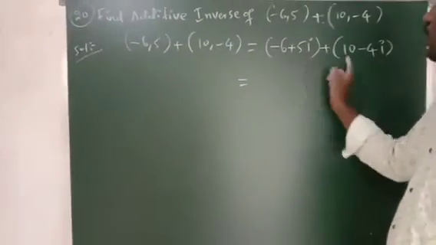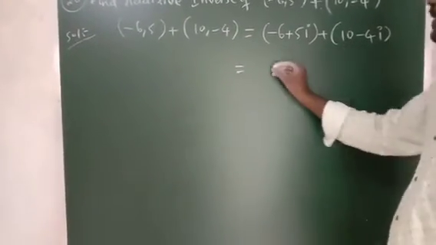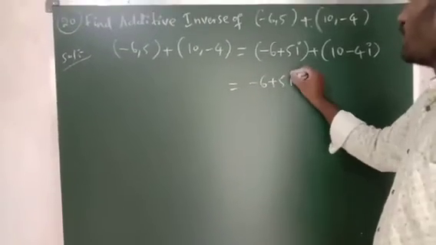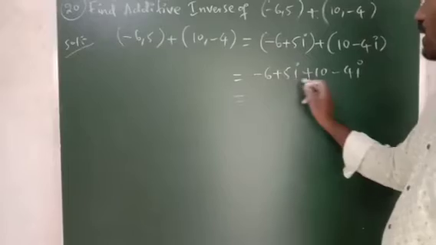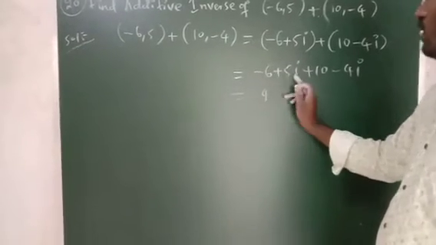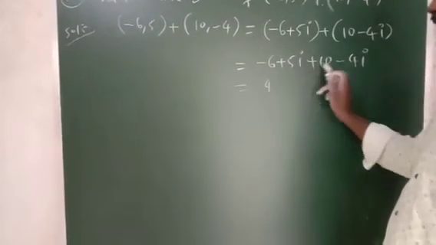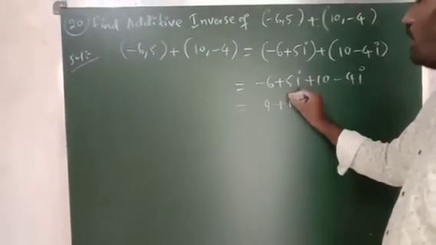Now add: minus 6 plus 5i plus 10 minus 4i. Minus 6 plus 10 is 4. Next, 5i minus 4i is plus i.